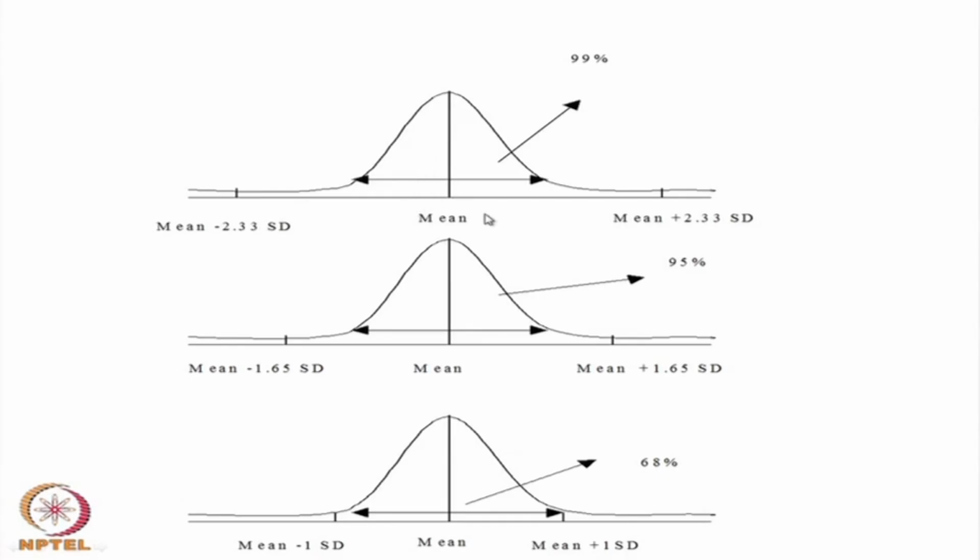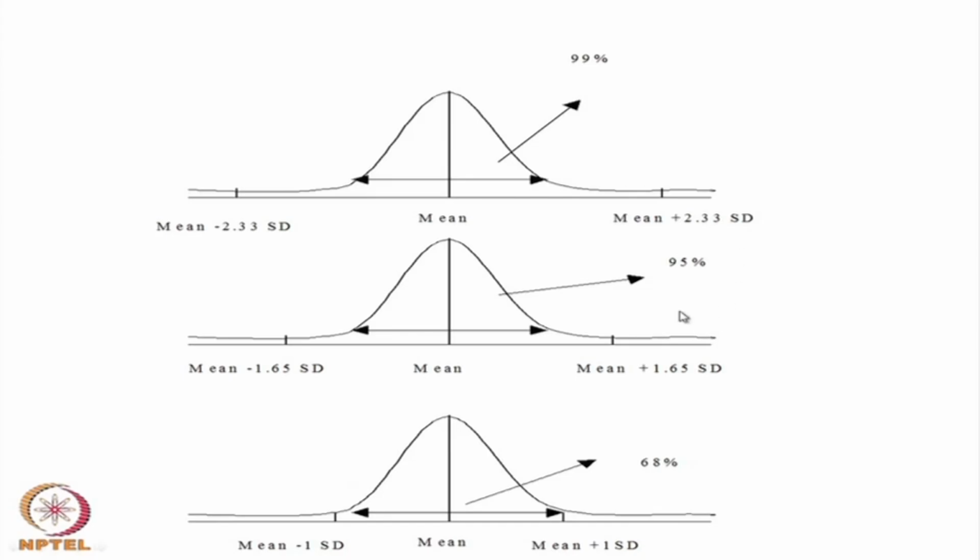Okay. Now, if you see here, if you are 99% confident the history may repeat itself in future, then we are somewhere from mean minus 2.33 standard deviation, that is this point, to mean plus 2.33 standard deviation. 99% we are sure the historical volatility will repeat in future.